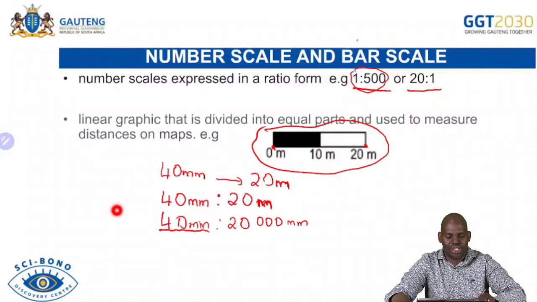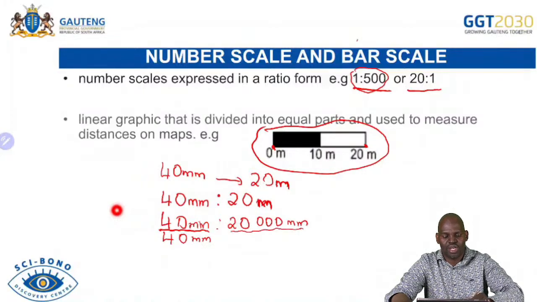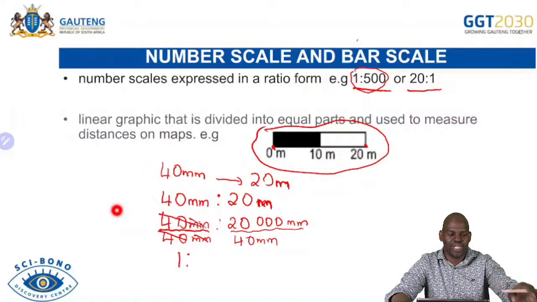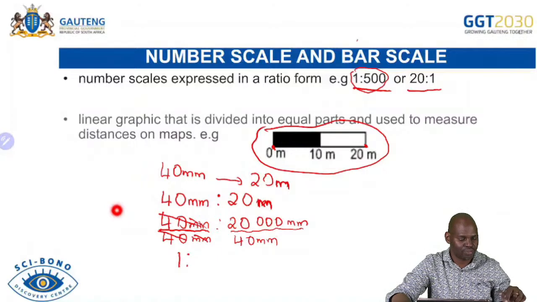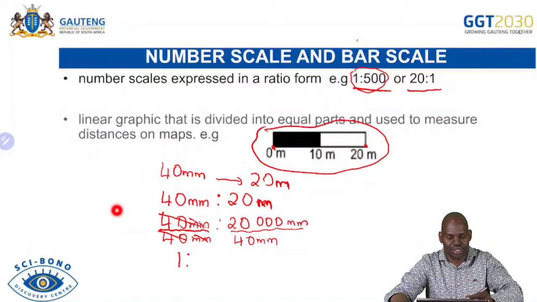You divide by 40 millimeters. 40 divided by 40 is 1, and the millimeters cancel out. Then we've got 20,000 divided by 40. It's very important that you use your calculator. You say 20,000 divided by 40, and this will give us 500.